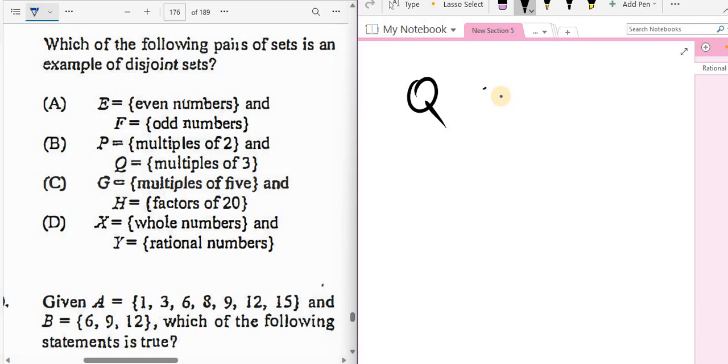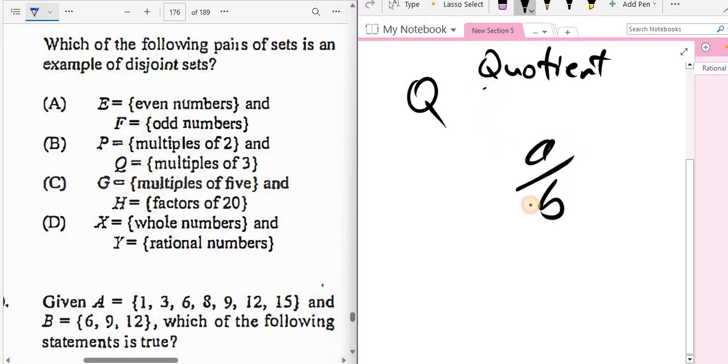Quotient, yes. It's the result from division. And when we think about A over B, we see division, isn't it? So I would say that's where they get the Q from.